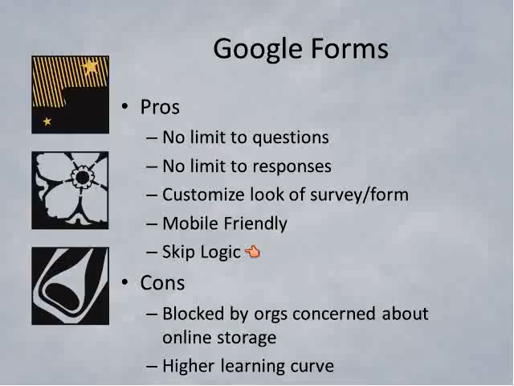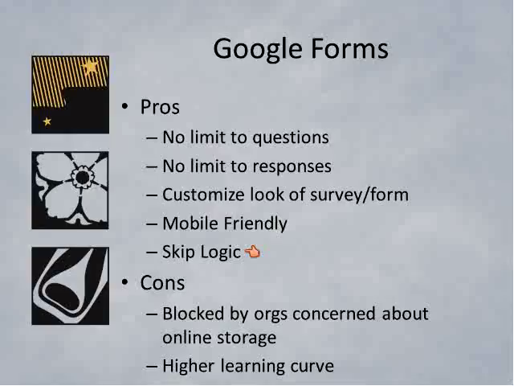The two cons, and there's actually a third that's not on this form. There are some organizations that block everything associated with Google Drive, including Google Forms, on the grounds that it is network storage. And so organizations that deal in a lot of highly personal information will sometimes block access to Google Forms.